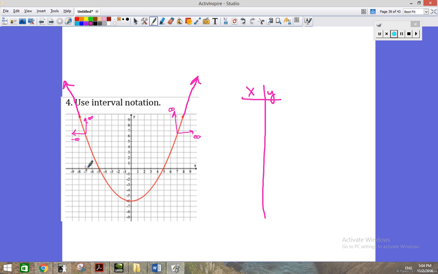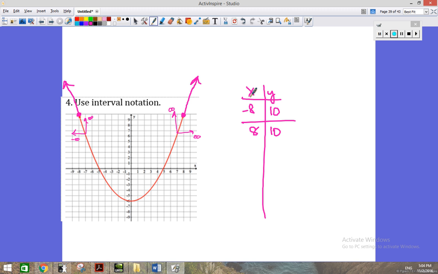If I come out here at -8, maybe we would say that -8 has a coordinate of 10. And at +8, it looks to be symmetrical. It looks to be an even function because it's symmetrical with respect to the y-axis. So at 8, it's 10.